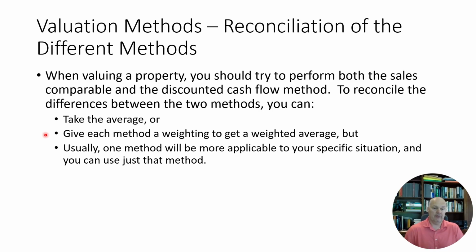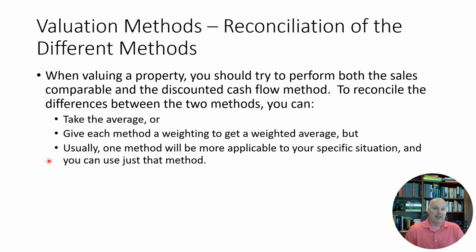So maybe you like the sales comparison approach and the DCF approach as well, but you feel that the DCF more suits your situation, so maybe you give that value a 75% weighting and the sales comparable just a 25% weighting.